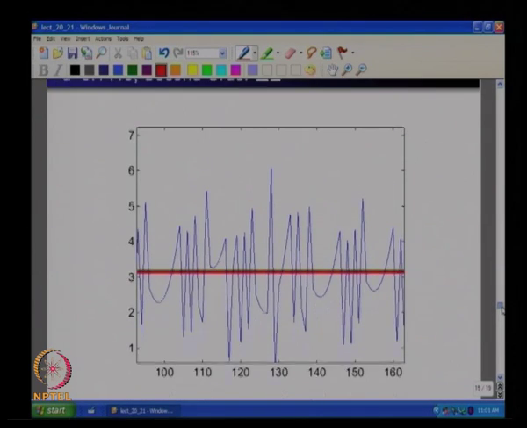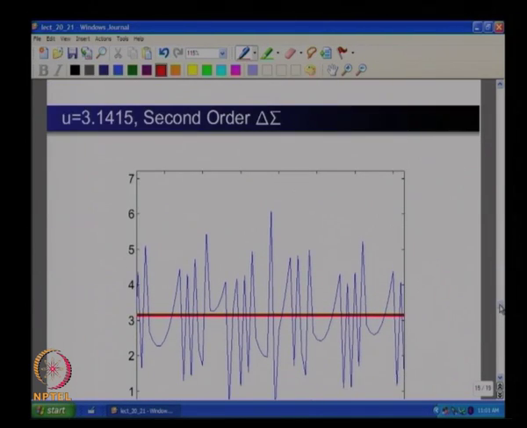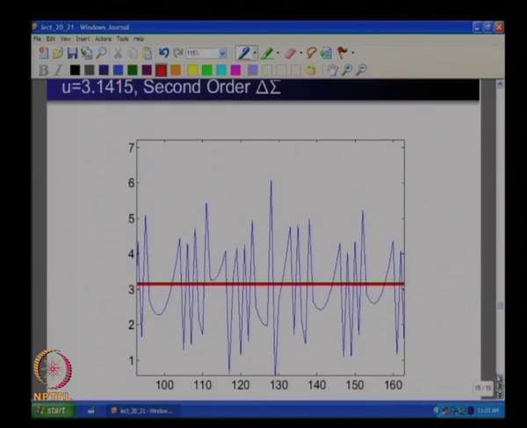I have taken a second order delta sigma modulator and put in a DC input, just for kicks I chose 3.1415, there is nothing holy about this, and I plotted. So which is the input, you think, the red one or the blue one? The red one is the input, and what is the blue waveform?